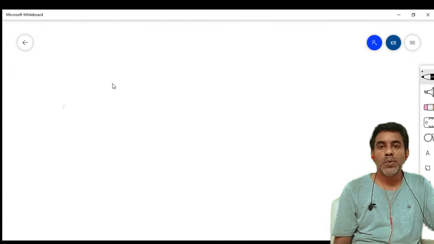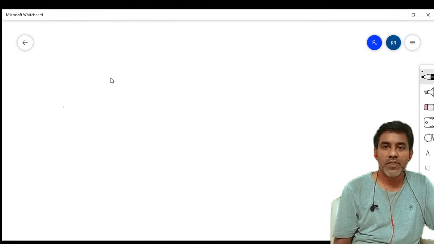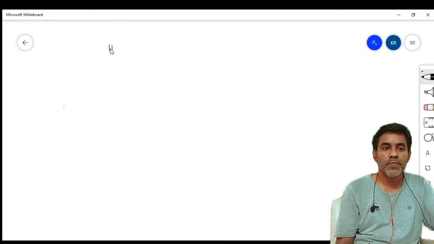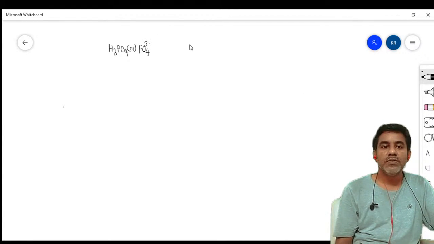As you know that we require three things. So one is the phosphate, H3PO4. In this place you can take PO4 3 minus also. Second one is the nitrogen base and then the pentose sugar.